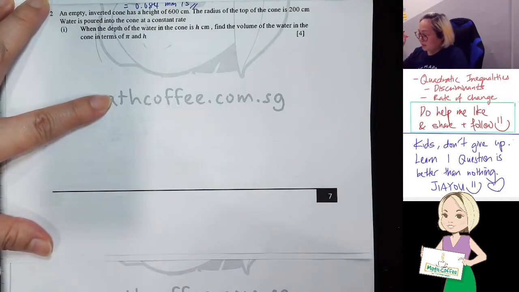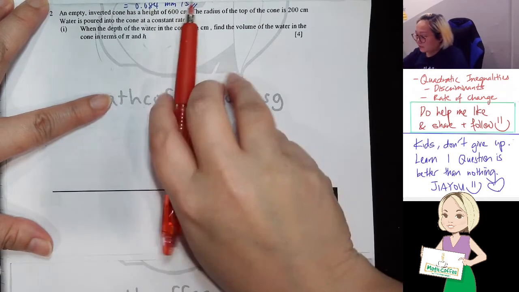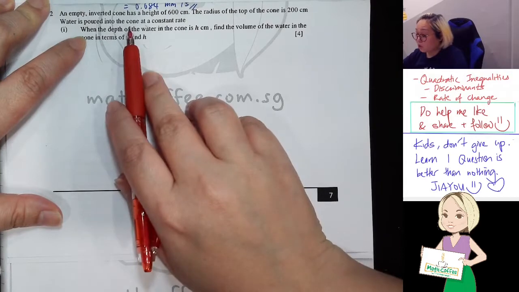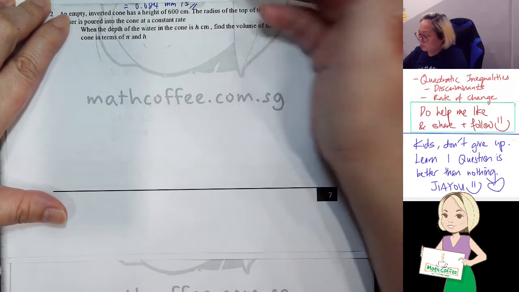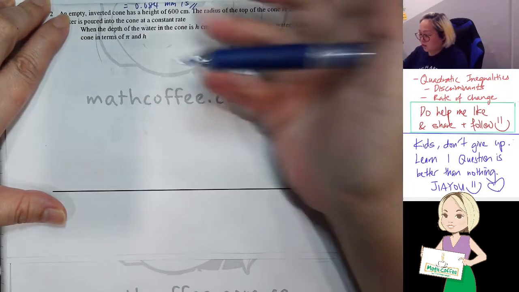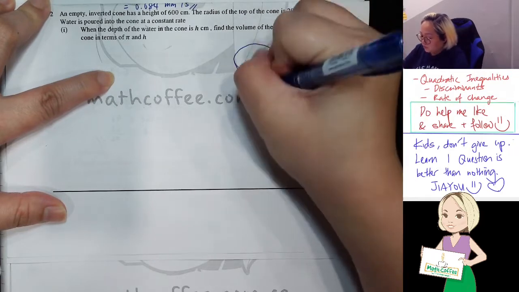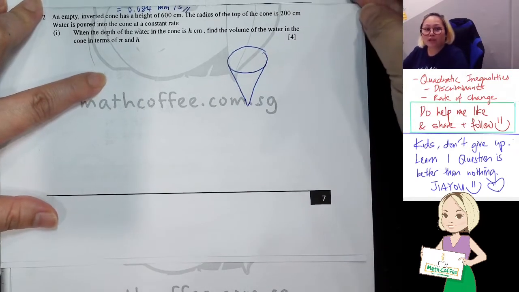An empty inverted cone has a height of 600 cm. The radius of the top of the cone is 200. Water is poured into the cone at a constant rate. So first, it is an inverted cone, so you will draw it out so that it's easier for you to see. So this is an inverted cone. Don't judge my drawing because I teach math.